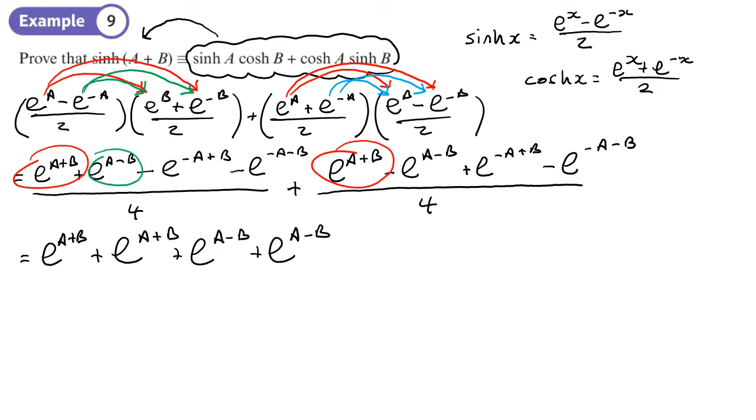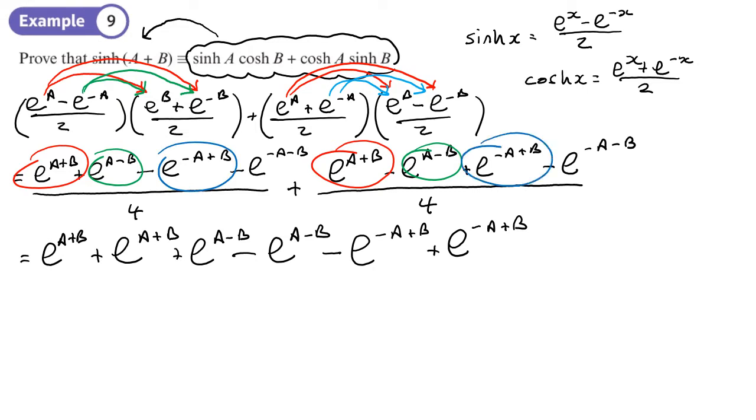So that's that and that. Oh, that's a negative there. I'll be careful. That's a negative from the second one. Then I've got negative e^(−a+b) plus e^(−a+b). That's this one and this one. Then the last one, I have negative e^(−a−b), negative e^(−a−b), and all of that is over 4.